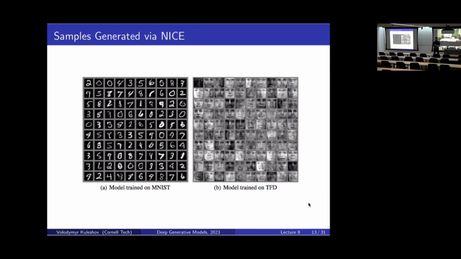The planar flow model that I talked about in the previous lecture was never used to directly generate images. It was used as a component within a variational autoencoder to make the prior parameterizable and learnable. But now this is a flow type of model that can generate images of faces and digits directly by itself, without relying on any other model family.